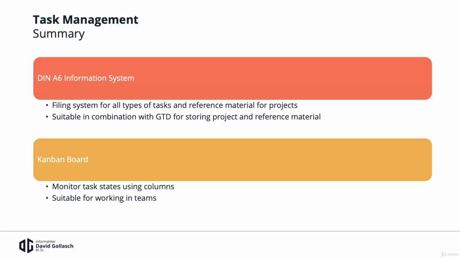Therefore, we took a look at the DNA6 information system, where you see that it's basically a filing system for all types of information and tasks, for your reference material that you use pretty often, or just from time to time, to keep track of your personal long-term goals as well. And, of course, to additionally manage the currently important stuff, the urgent stuff, and the projects you're currently working on, but which are not that much in focus at the moment.